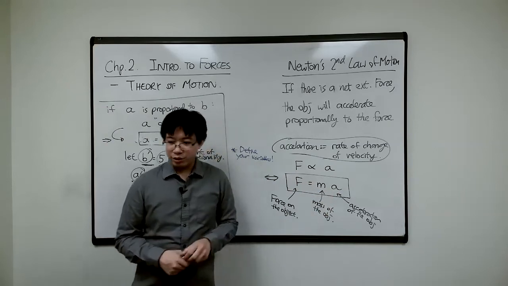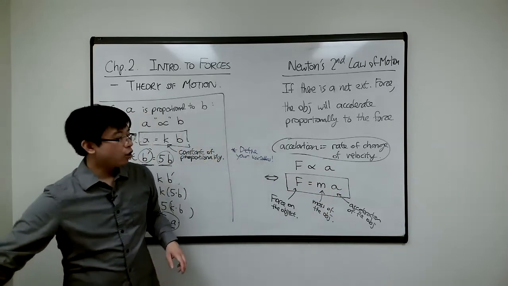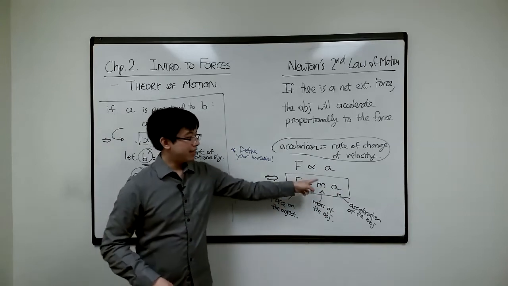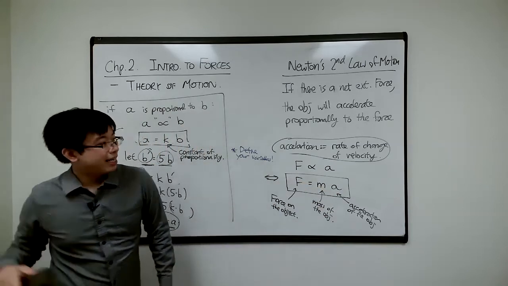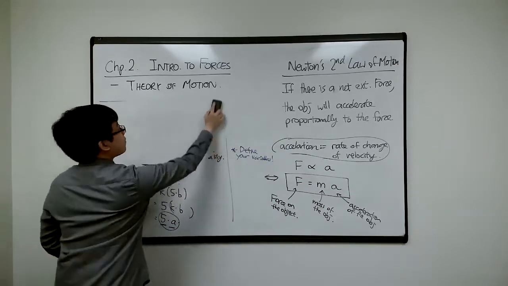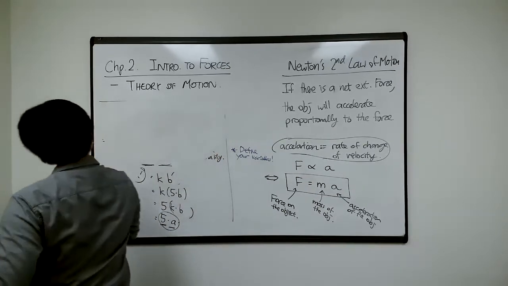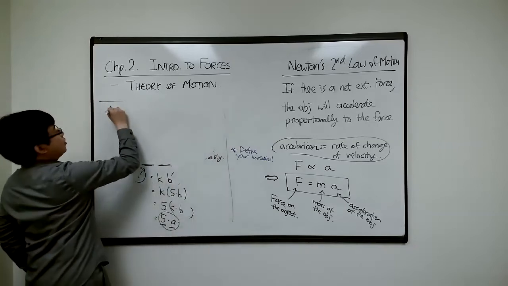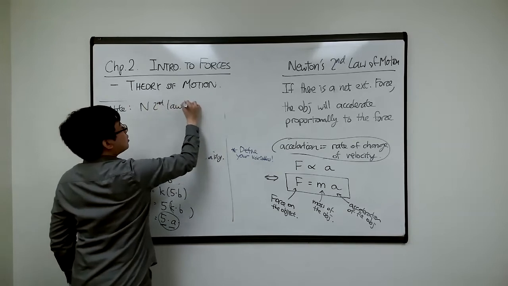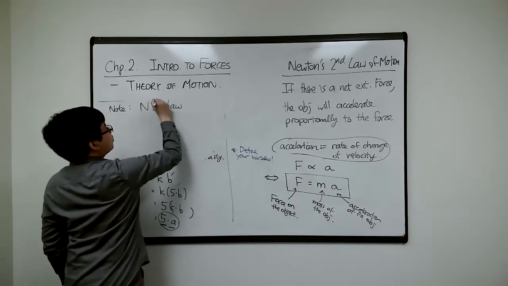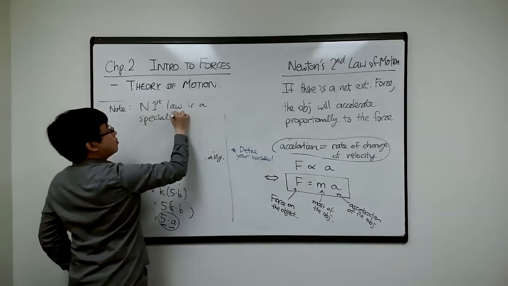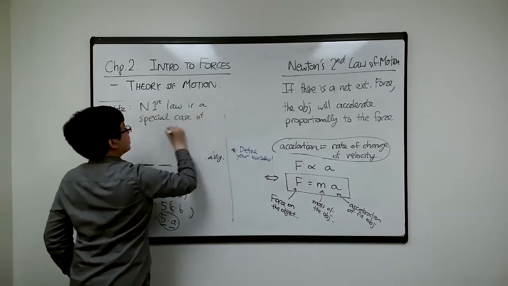In some sense, you'll sometimes hear people say Newton's first law is just a special case of Newton's second law, because if F is 0, that means A is 0 as well, and that means things do not accelerate. So make a note: Newton's first law is a special case of Newton's second law.